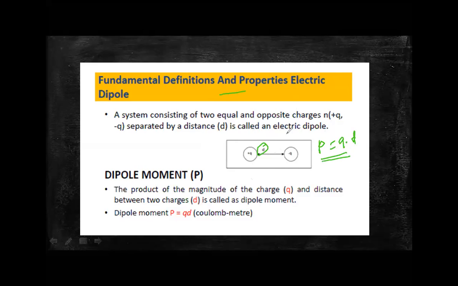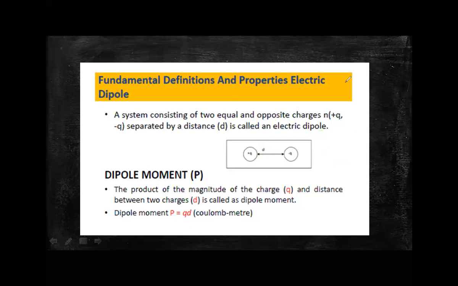If someone asks you what is the dipole moment, it is the product of the charge times the distance between the charges. So simply P is equal to Q into D. So note this down.